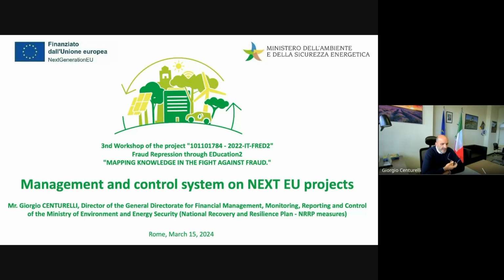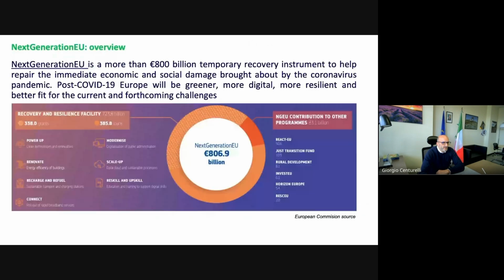And in my talk today, I will tell you about the NRRP management and control system, or better, the Next Generation EU management control system. But first of all, it's necessary to give you an overview of the Next Generation EU instrument or mechanism.